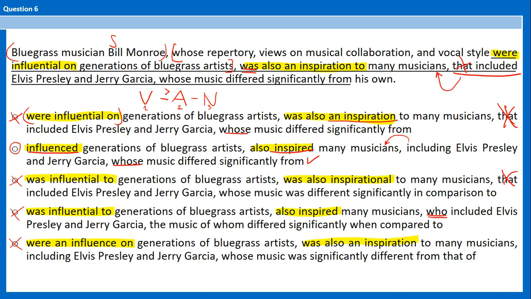So verbs have priority over adjectives or adverbs, and adjectives or adverbs have priority over nouns. For instance, "influential" is an adjective, but I prefer the verb "influenced." "An inspiration" is a noun, but I prefer the verb "inspire."